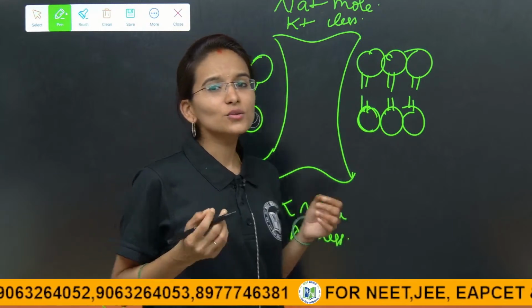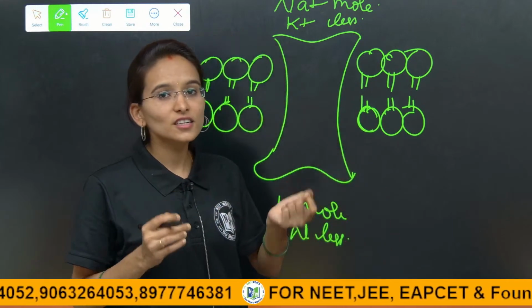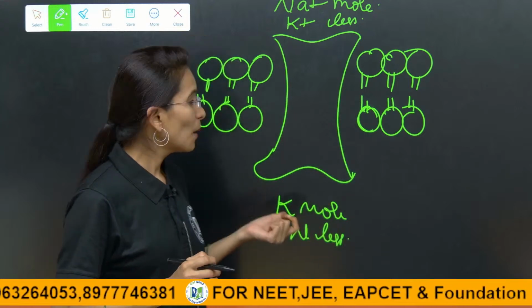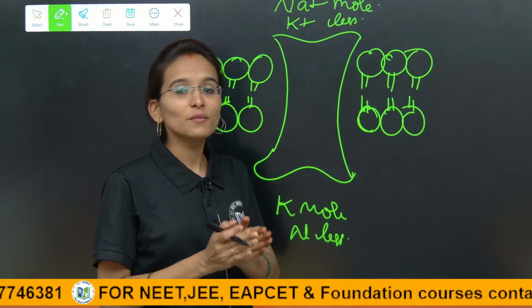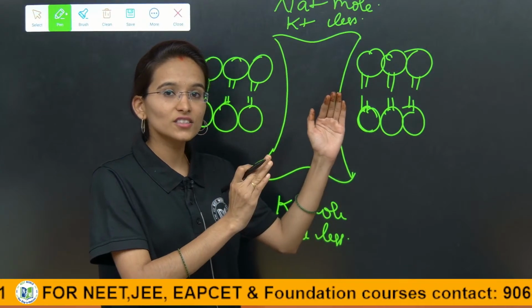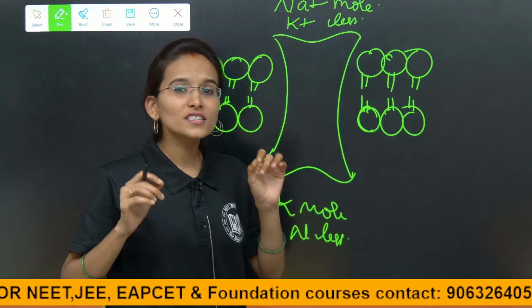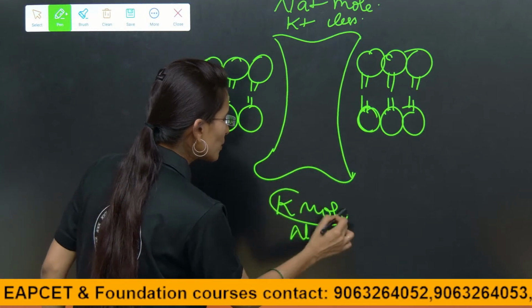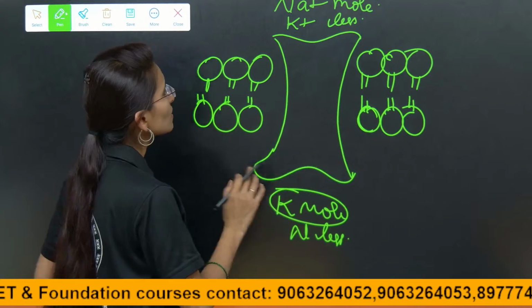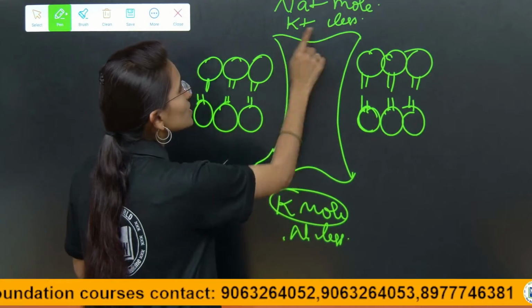Now it is easy to transport from the high concentration gradient to the low concentration gradient, but to transport charged ions from low concentration to high concentration gradient, we always need to supply energy. Here what is more? Potassium is more. Clear?